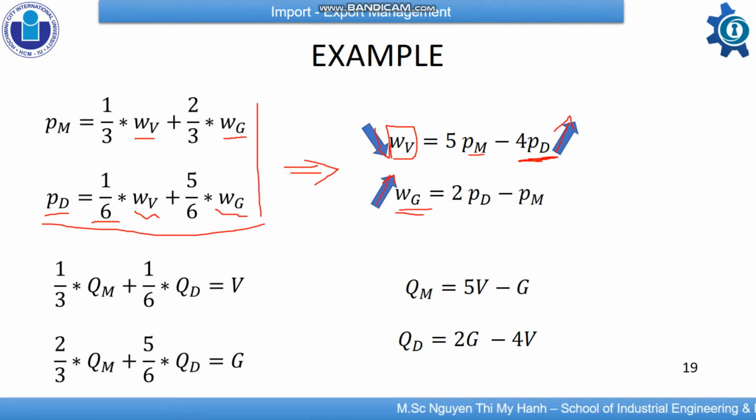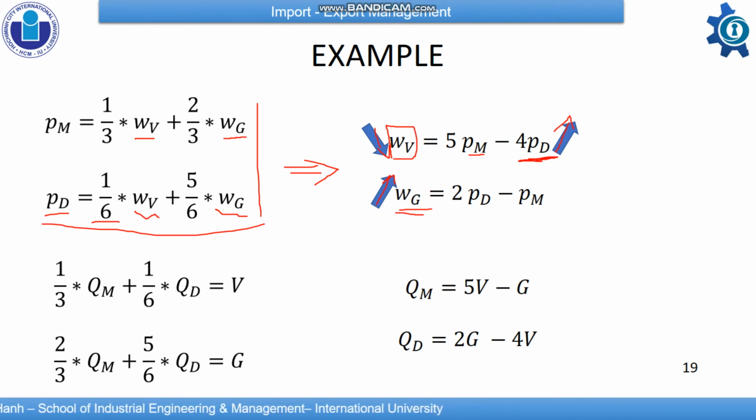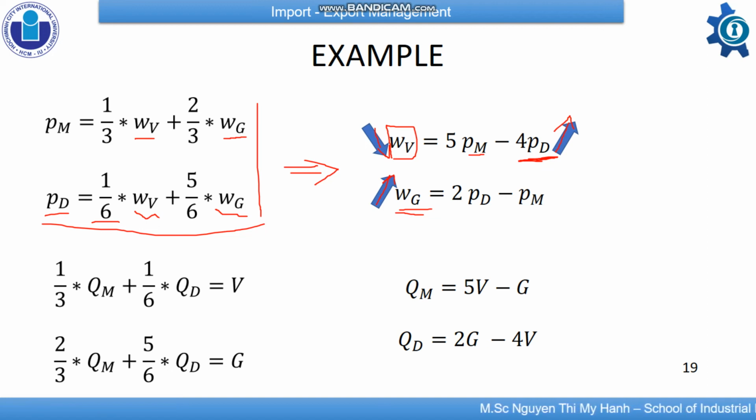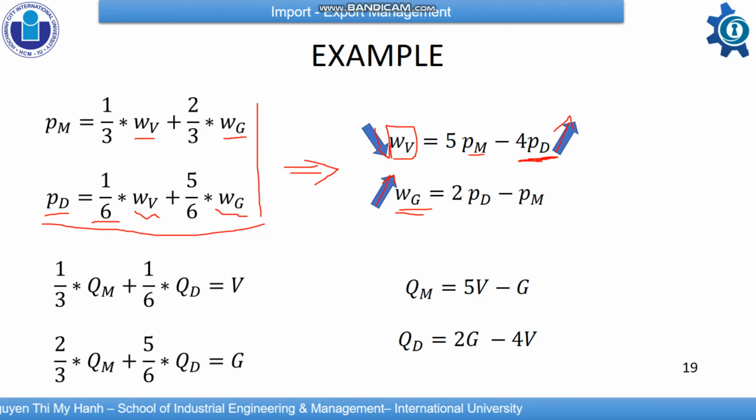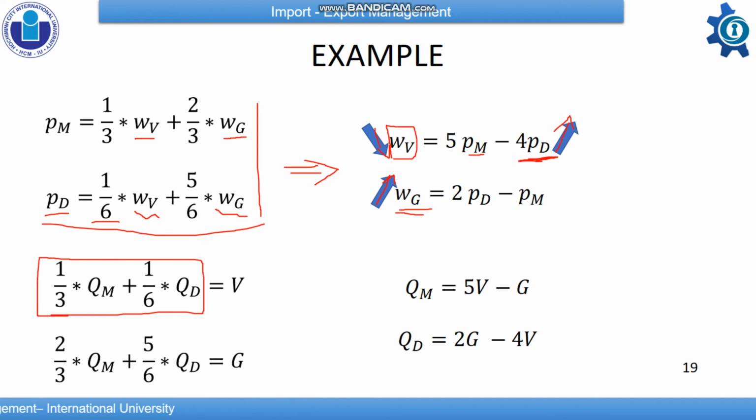and let's see the second one. We have to construct the PPF. So do you still remember the constraint? Here we have the fixed supply for vermouth and gin, V and G, right? This one is the fixed supply for them in the economy. And here we have the amount of resource we need to produce QM.